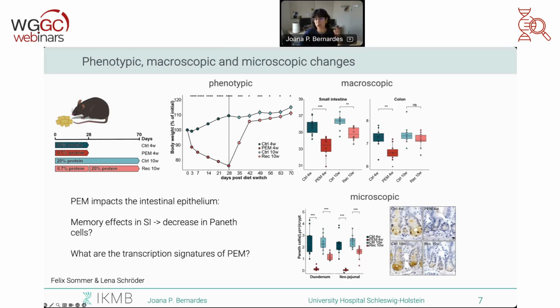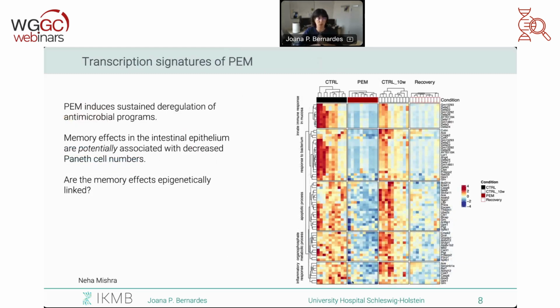And this is true for two regions of the small intestine, for duodenum and for ileojejunal. So we could see phenotype macroscopically and microscopically, but then how this really, so transcriptomically, what does this mean? So that's exactly what we did. We took the intestinal epithelium of these mice and we did a transcriptome approach.